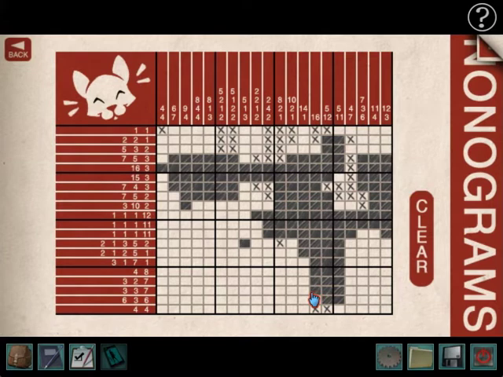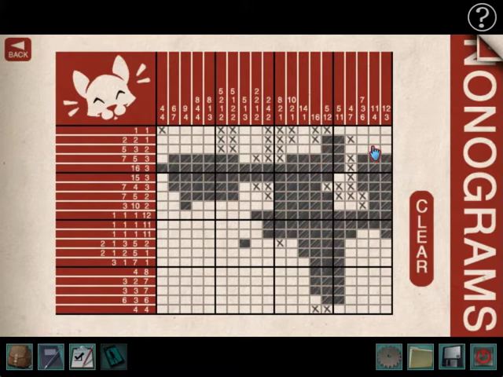So that means that this must be part of the 7s for each of these groups. This is most likely part of the 6. I'm just going to guess that this is probably going to be filled in as well, which means that this is going to be X'd out. But again, I really don't know, which is kind of the issue here.